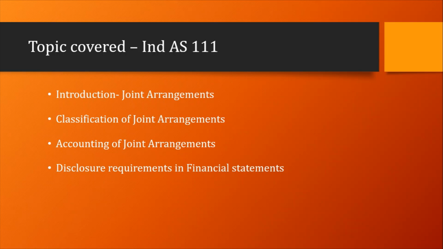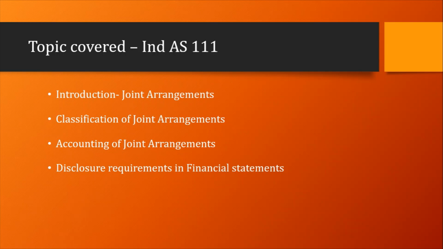Then what are the basic terms and conditions mentioned in the contract through which entities perform their tasks and share their revenues. Then I have also mentioned a few definitions: what is a joint arrangement, what is joint control, who are the joint operators, and who are the joint venturers.